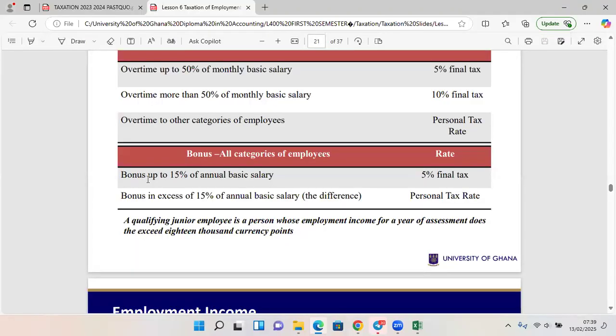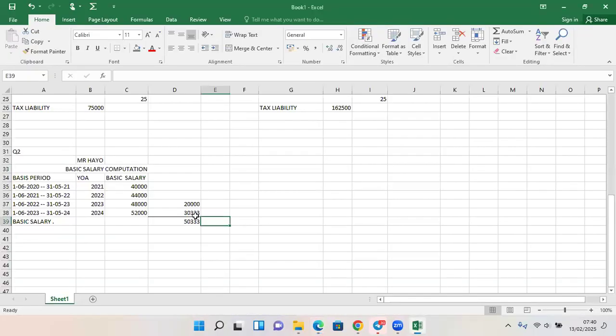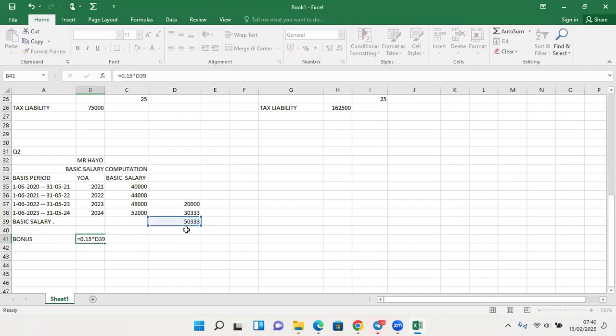You see, bonus is 15% of the annual basic salary, right? 15% of the annual basic salary. So this is 15% of it.